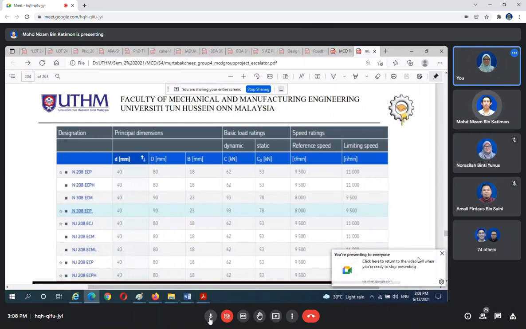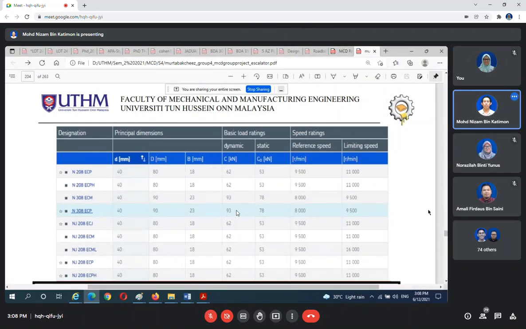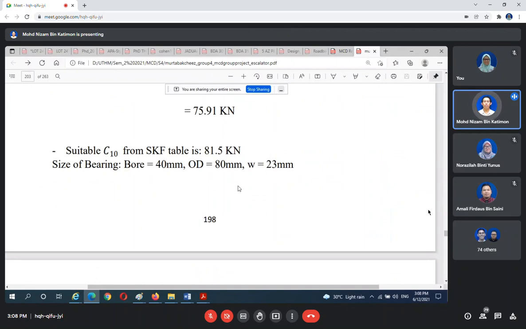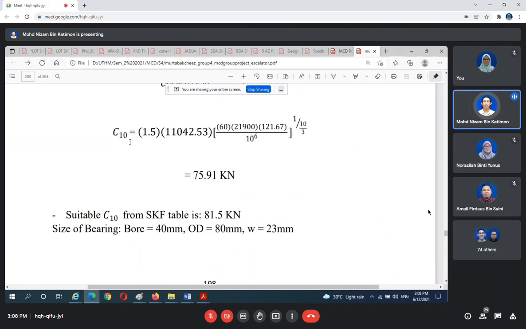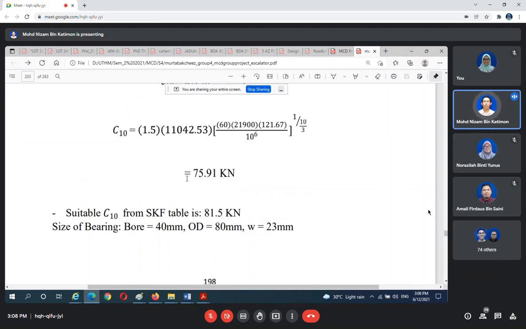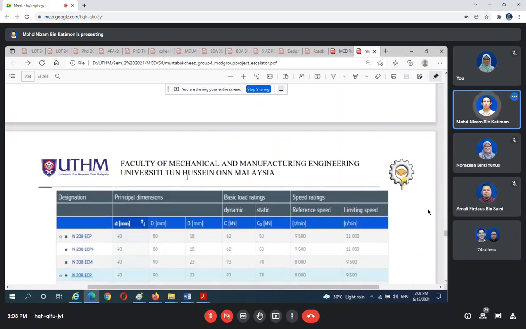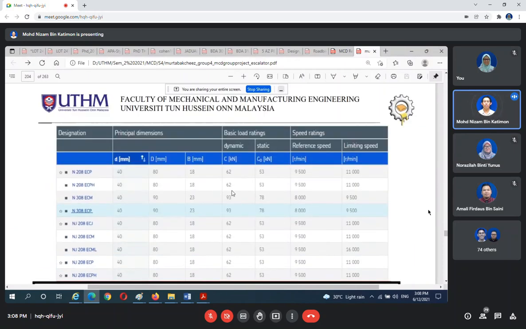Alright. Therefore, this is from the calculation. C10 is the load rating of the bearing. This is a minimum, so you need to select, in this case, the lowest, 62 kilonewton.